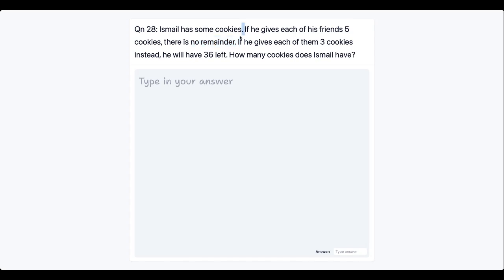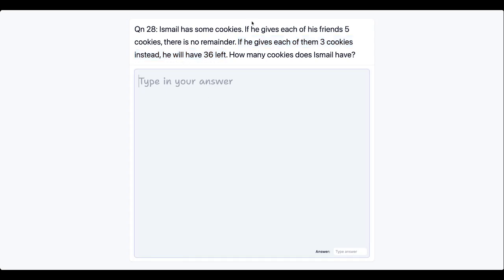If you find this kind of question, then it's a shortage and excess question, and it usually has two situations. In this case, in one situation he gives 5 cookies to each friend and has no remainder. In the second situation, he gives 3 cookies to each friend, and he has 36 left.